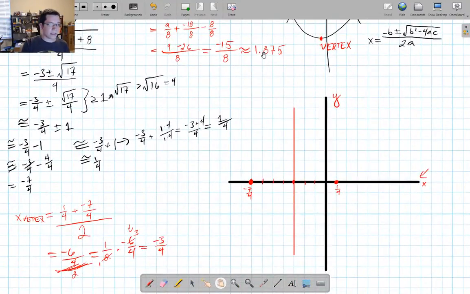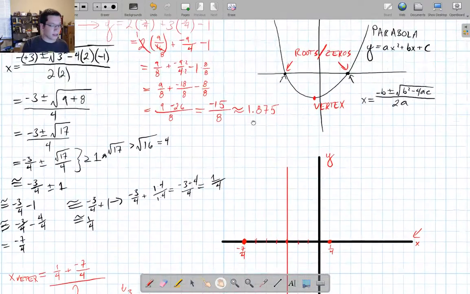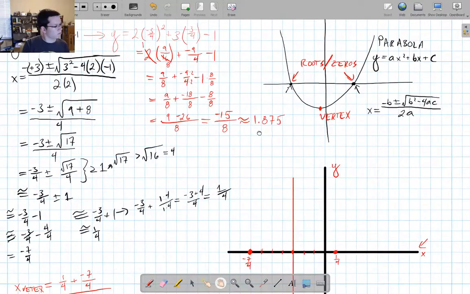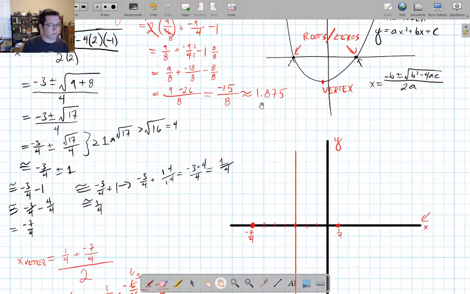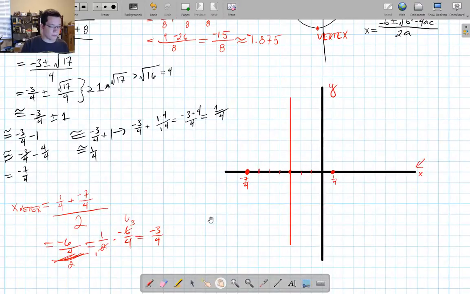So negative 1.875 is going to be almost to negative 2, but not quite.